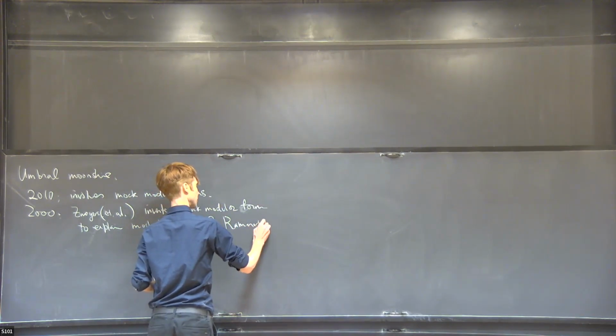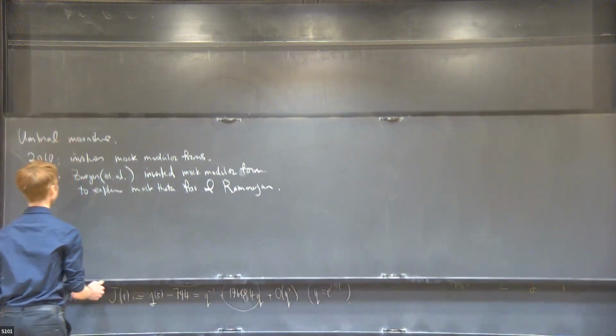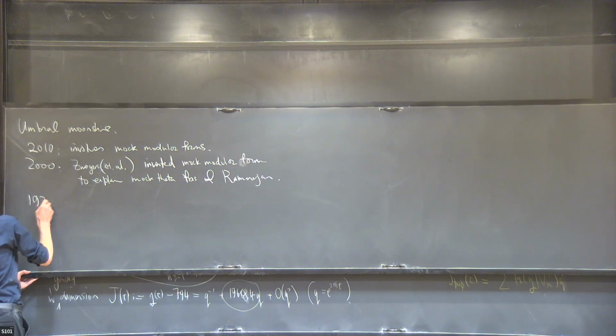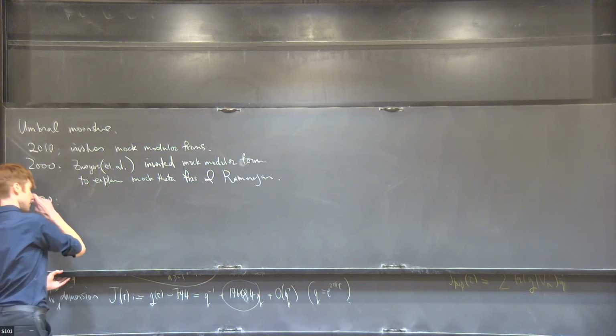Amazingly, for me, Ramanujan's name has already appeared in today's talks, but I think in a completely unrelated way. And these Mock theta functions, my understanding is that they first come to light in 1920.